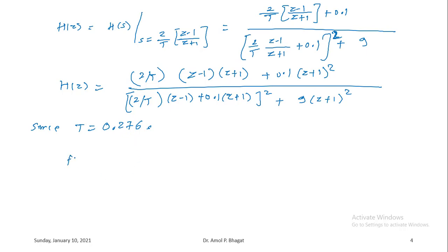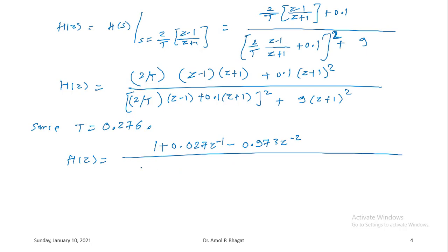If I substitute the capital T value in the equation, it simplifies to 1 plus 0.027 z inverse minus 0.973 z to the power minus 2, whole upon 8.757 minus 11.84 z inverse plus 8.177 z to the power minus 2. So this is the required system function for the digital filter.